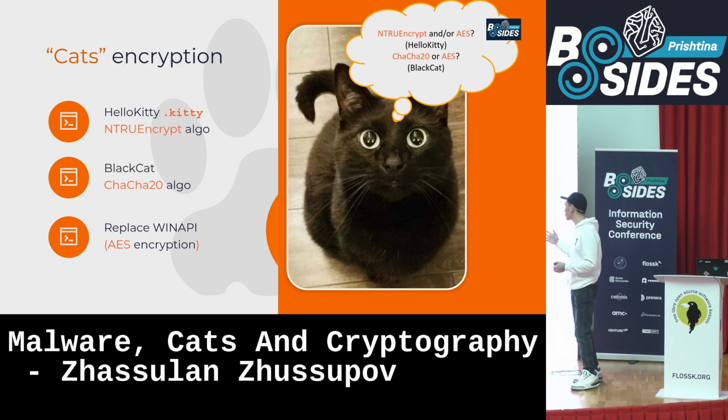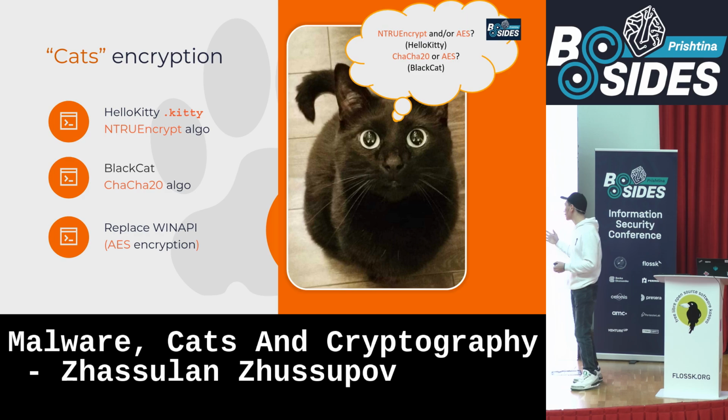And another case is BlackCat ransomware. It also uses a well-known algorithm, ChaCha20. It's also used by malware actors and malware authors in their malicious actions. But it also uses the same approach as AES. The only difference is they just replace Win API, it's the same as with AES encryption and SHA hashing, and they also use a Murmur hash 2A modification.